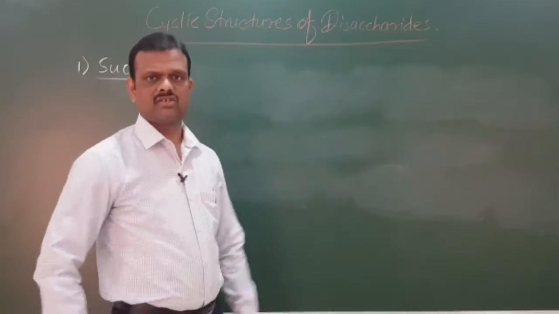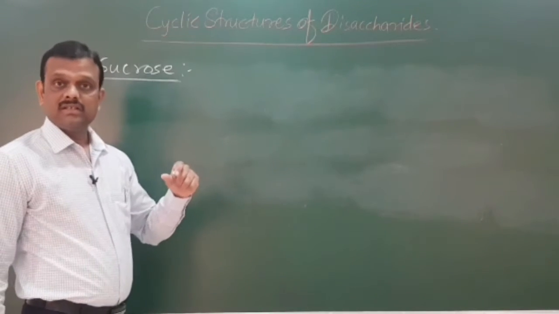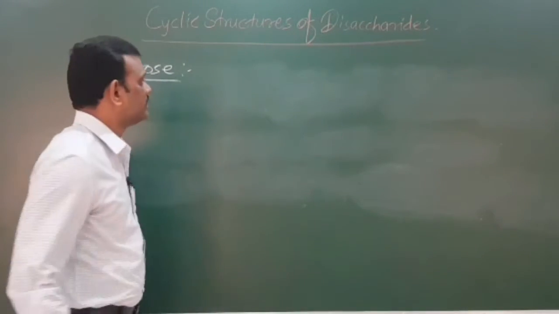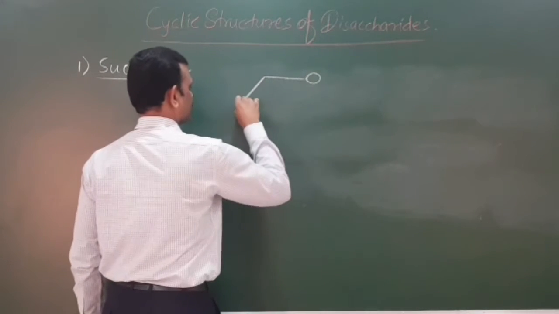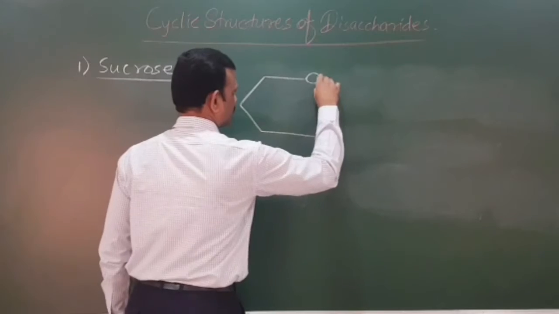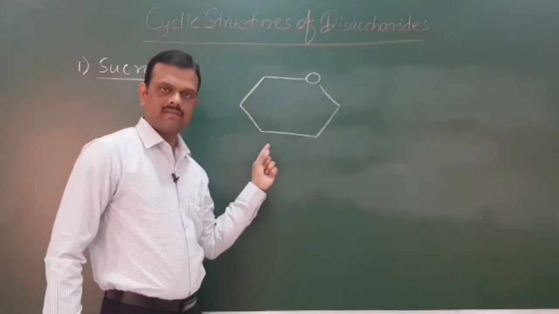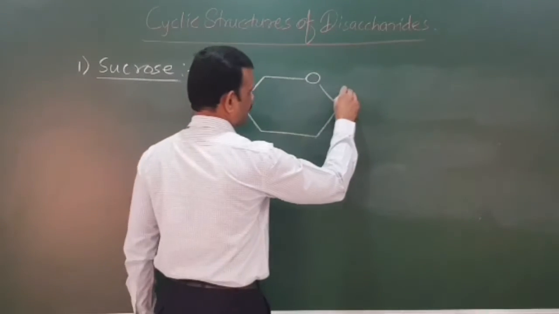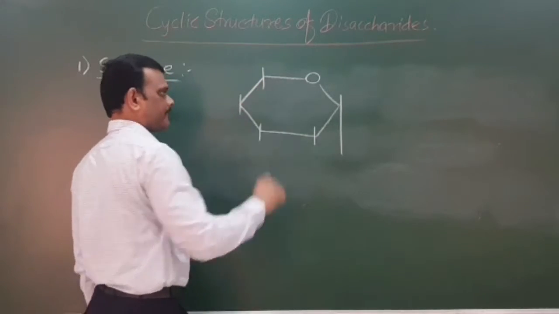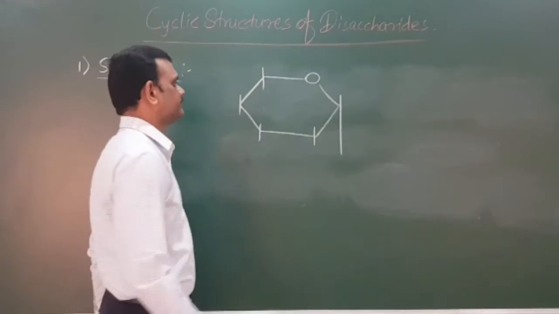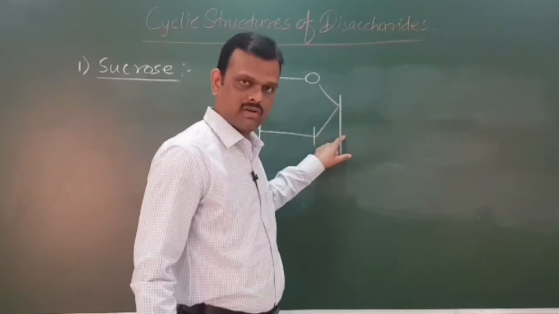Now let us study the structure of sucrose. First we have to draw the alpha D glucopyranose. This is the main skeleton, pyranose. These are the attachments. As it is alpha form, hydroxyl group is downwards.